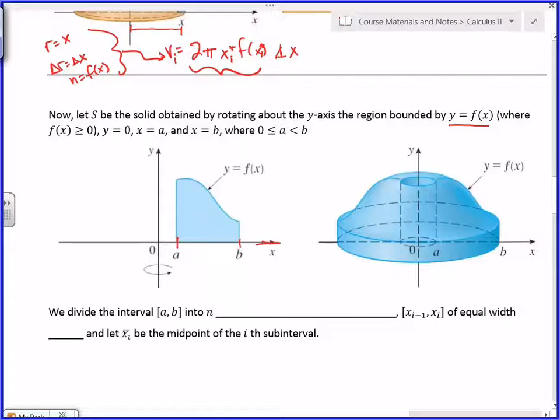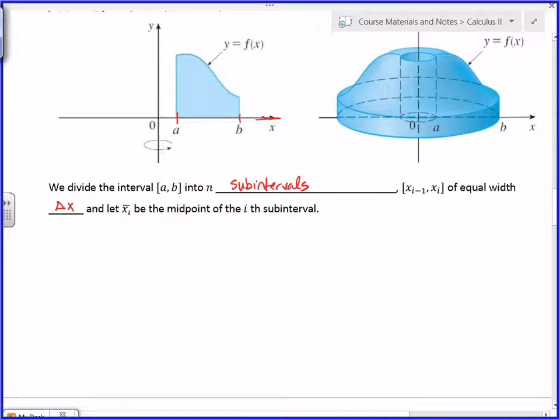Then we divide that interval a to b into n sub-intervals of equal width, all delta x. We call x i bar the midpoint of the ith subinterval. And so your volume is approximately equal to the sum of all those cylindrical shells, i equals 1 to n of 2 pi x i bar f of x i bar delta x.